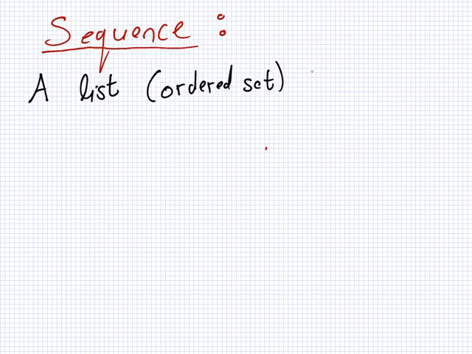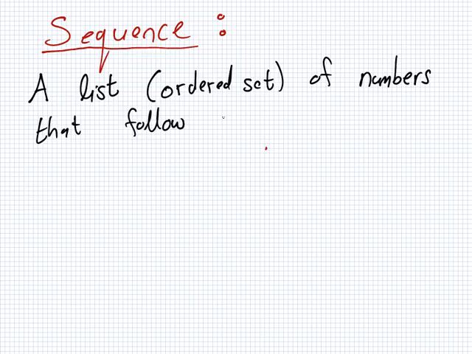Right, a list of usually numbers, although it doesn't have to be numbers, it just usually is numbers. A list of numbers that follow a given rule. And it'll be different for each situation.